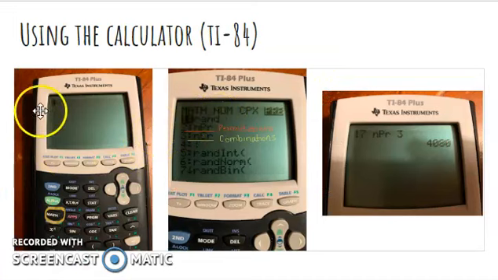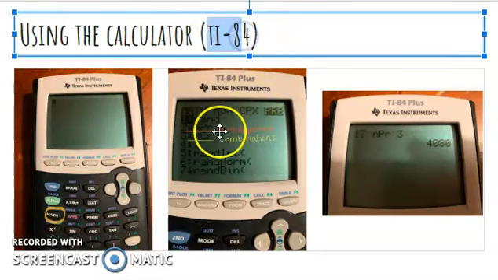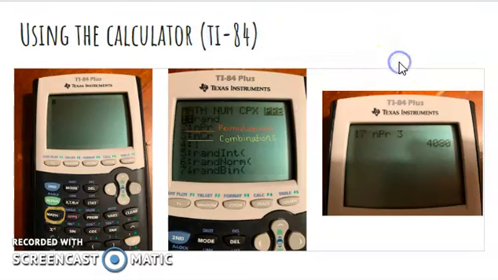And lastly, I'm going to teach you guys how to use the calculator, which is a TI-84, which is GSMST recommended. So I would recommend that you have a TI-84 because it makes it easier to do everything in class. And so the first step is to click Math, and then you go over to Probability, which is the last thing using the arrow, and you hit either 2 or 3, or you can just scroll down and hit Enter.